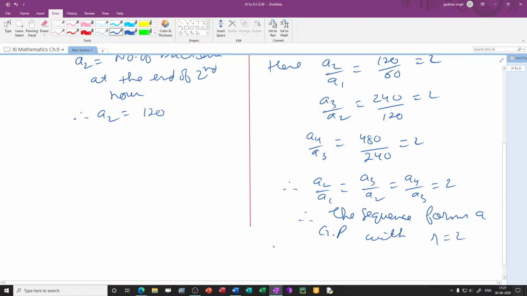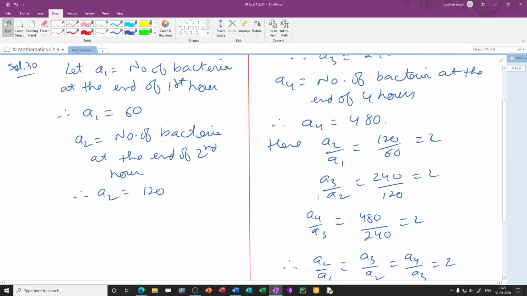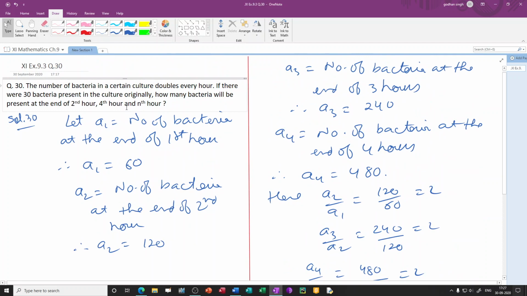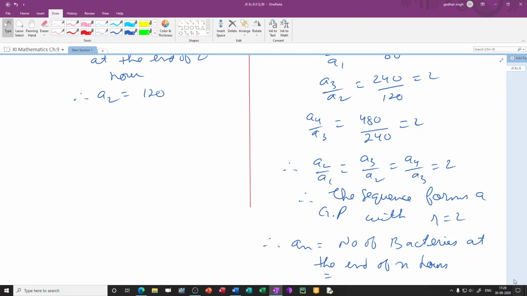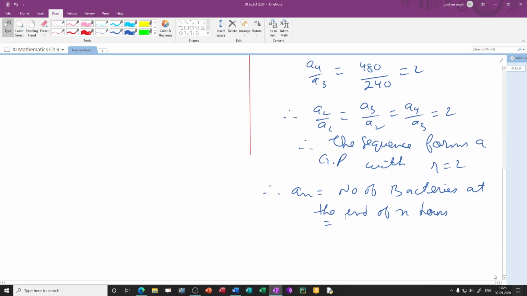Now it is very simple to find the number of bacteria at the end of n hours. We know how to use the formula of An.